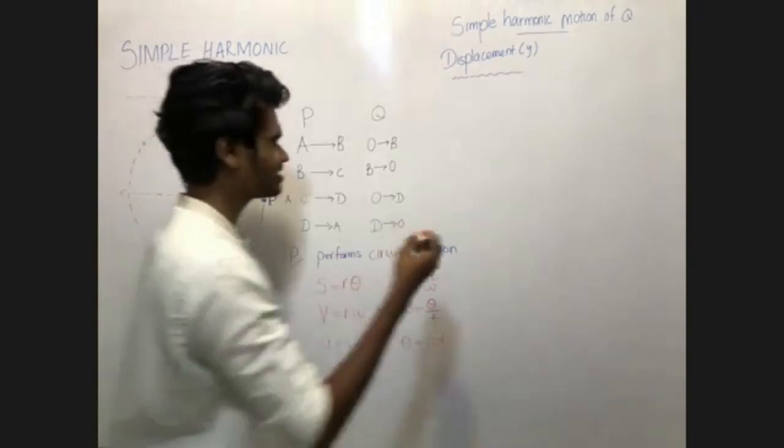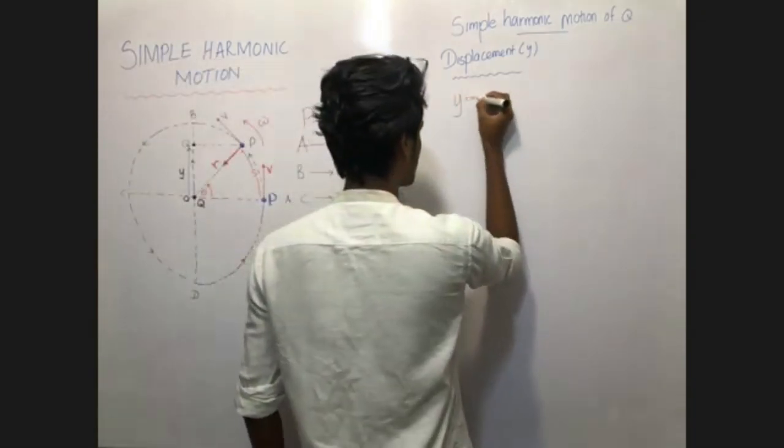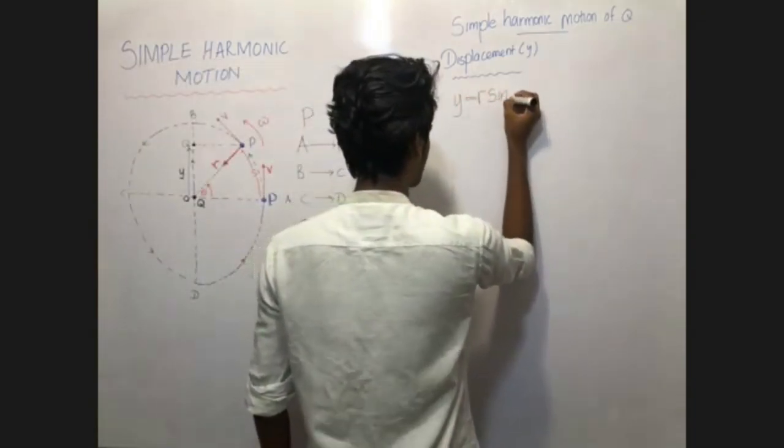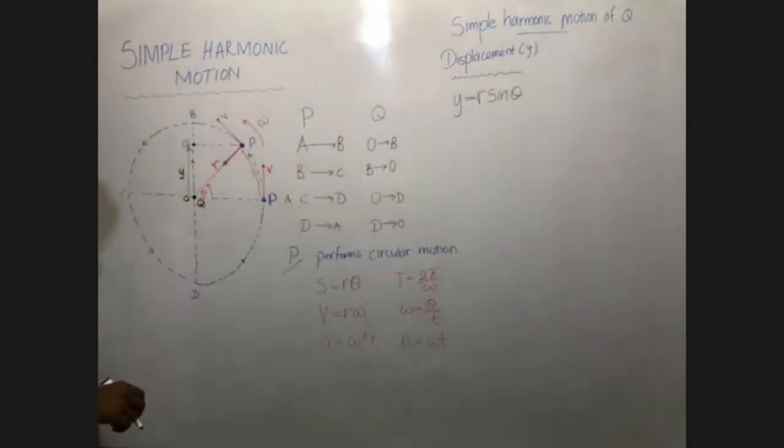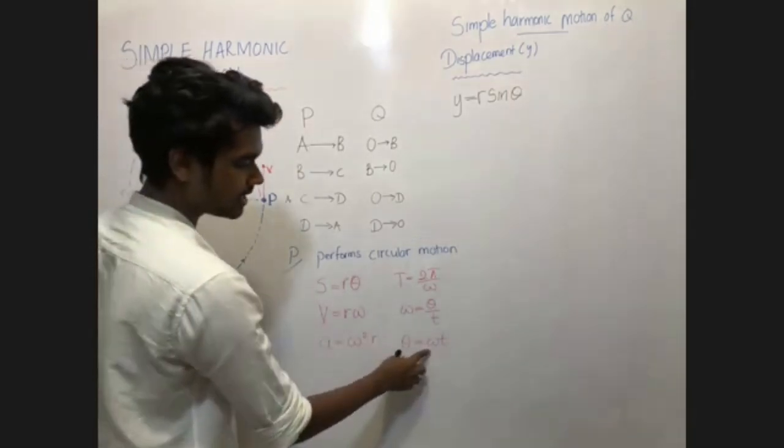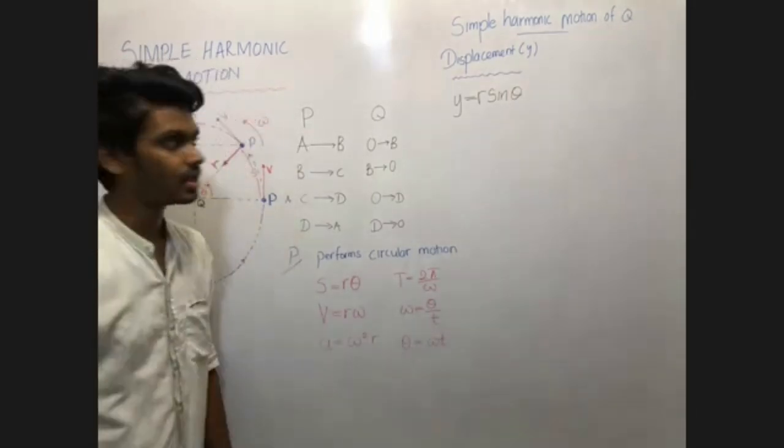It's a very small thing, right? So y is equal to r sine theta. Theta is what? Omega t. Theta can be written as omega t.